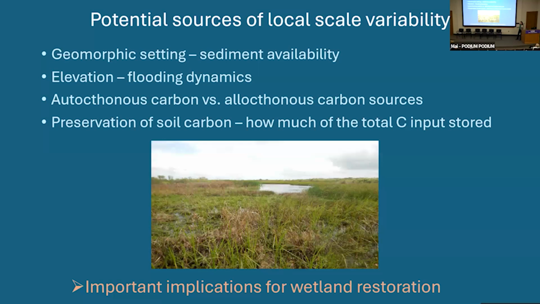In a soil core where carbon is accumulating, some of that carbon may also be from allochthonous sources, not just in situ plant production. Especially in deltaic environments, allochthonous sources of carbon coming in from the watershed are also likely very important in influencing spatial variability in carbon accumulation rates.